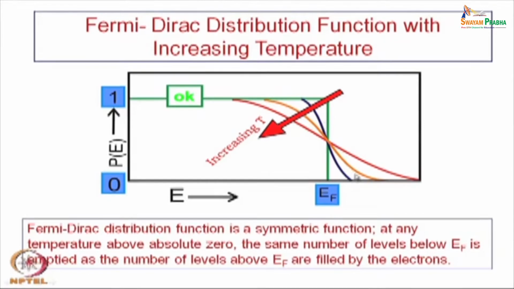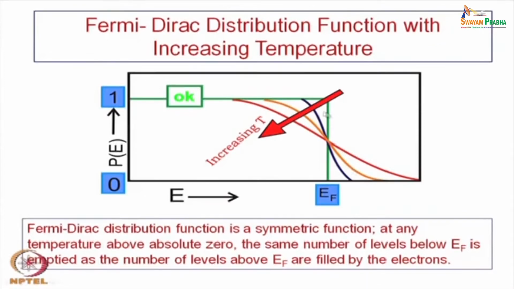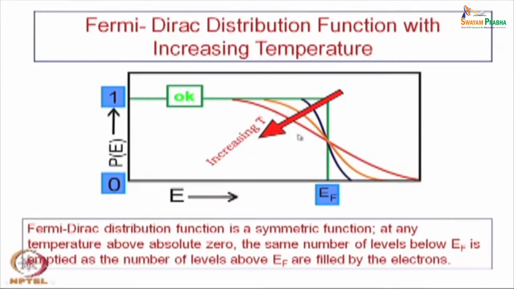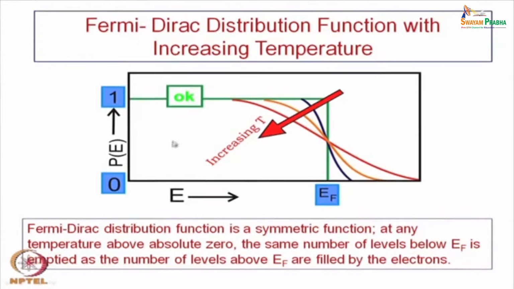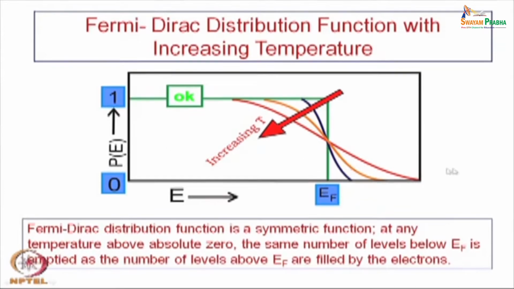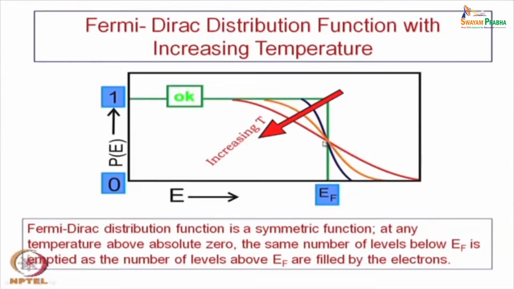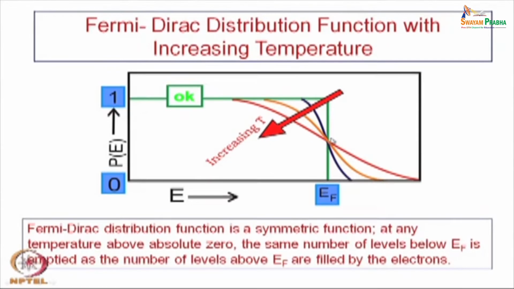Similar is the case with the applied field. If you apply a field to this system in addition to the temperature, the same thing will happen. No electrons with lower energy will get excited; only the electrons with energies close to the Fermi level will cross over to the higher level.